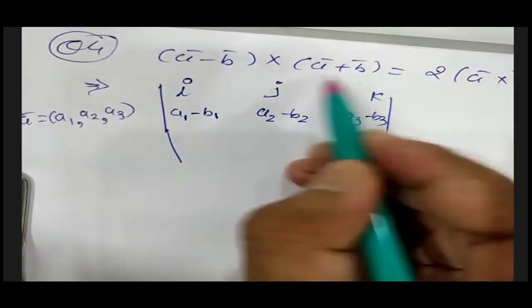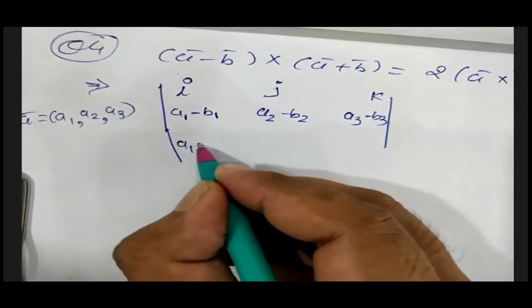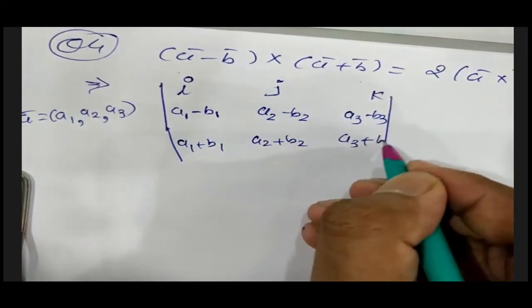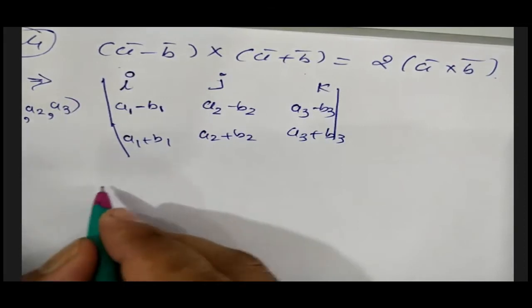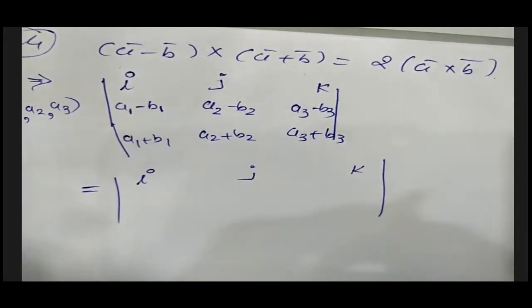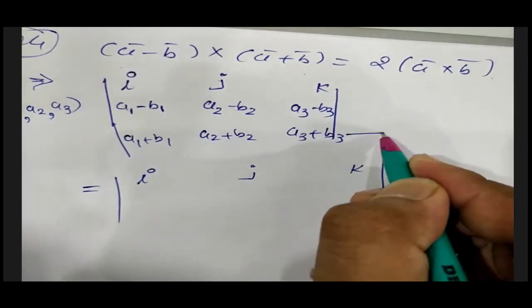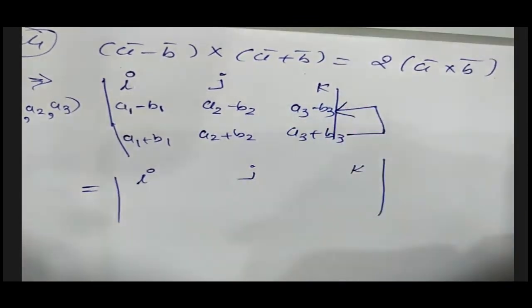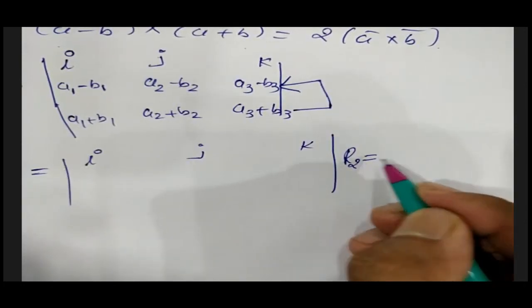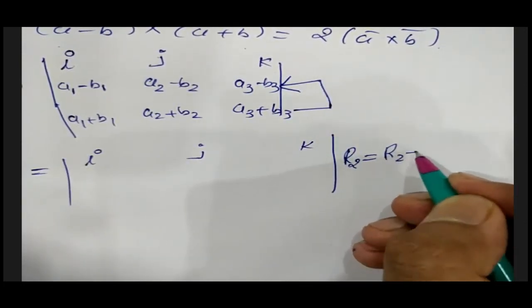Now let's talk about a plus b. We write a1 plus b1, a2 plus b2, a3 plus b3 in the third row, with i, j, k in the first. Now let's add the third row to the second row.